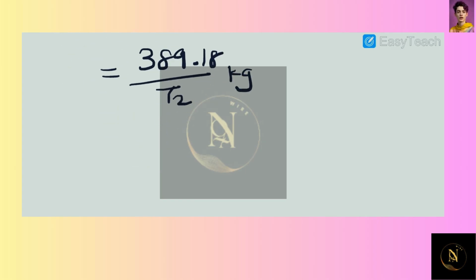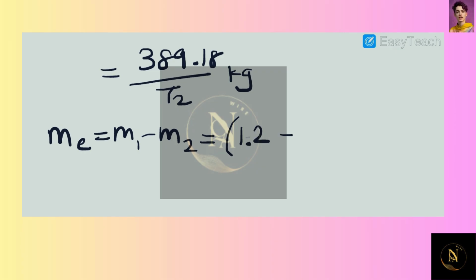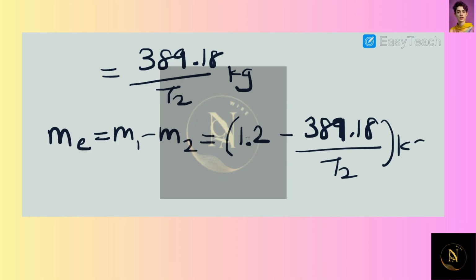Therefore, the mass that leaves, Me, is equal to M1 minus M2, which is equal to 1.2 minus 389.18 over T2 kg.